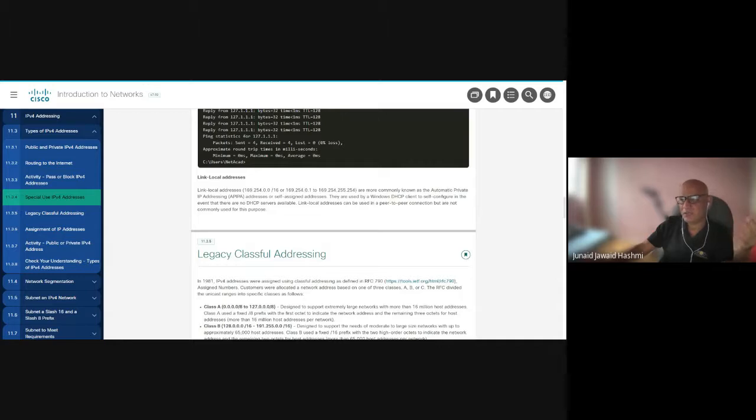So if you ever see an address starting with 169, that mostly means the problem is with the connection. There's no connection to the network. It could be a broken cable, or a problem with the network card.